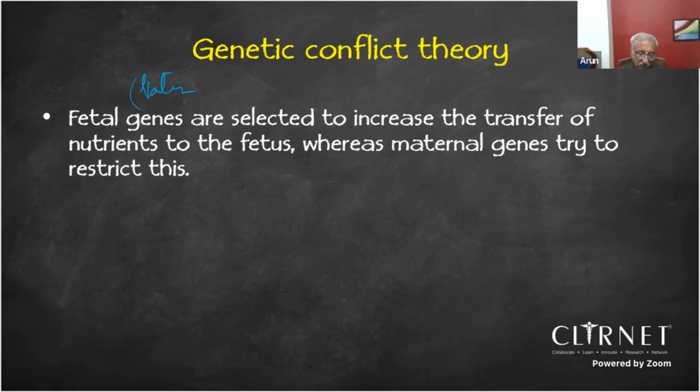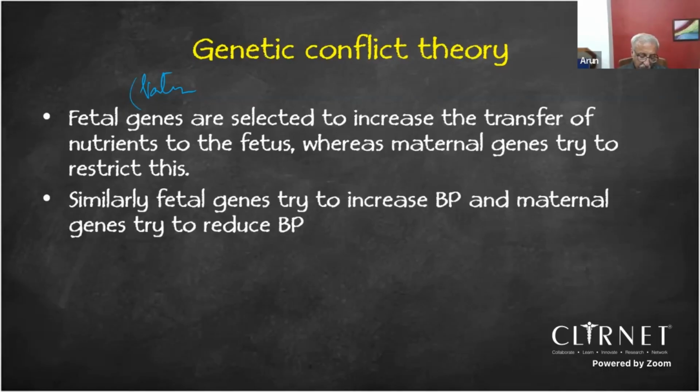Anything which comes from the paternal side is selected to increase the transfer of nutrients to the fetus. Whereas maternal genes try to restrict this transfer. They are acting opposite because maternal genes do not want, beyond an optimal level, the food to go to the baby. So she takes care of it.